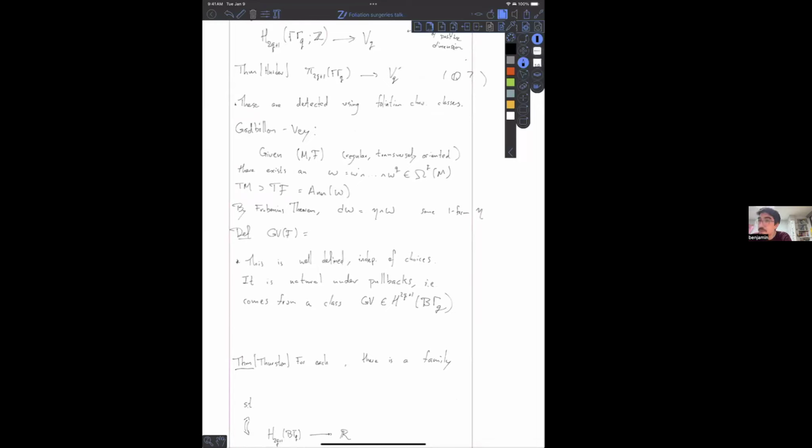And so what we can do then is take this eta and its differential and multiply it q times. That'll be a differential form of degree 2q plus 1. And you take its cohomology class, the de Rham cohomology.